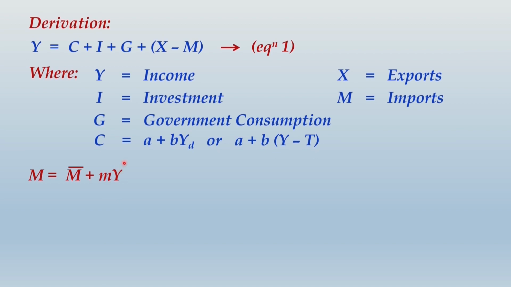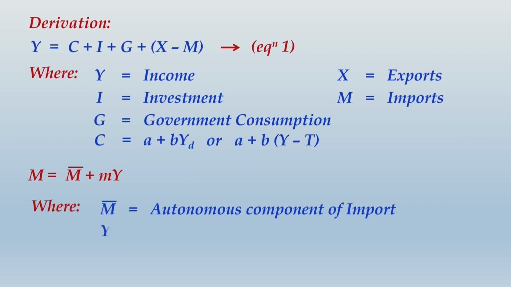So this capital Y is your income, and M into Y indicates the amount that you are spending towards imports out of your income, and this capital M with a bar sign represents the autonomous imports, which could be considered as constant imports. So let us write up the meaning of these variables as well.